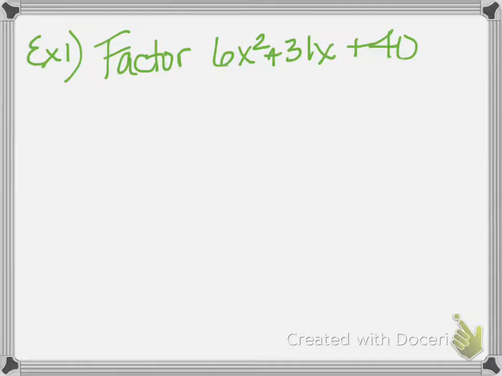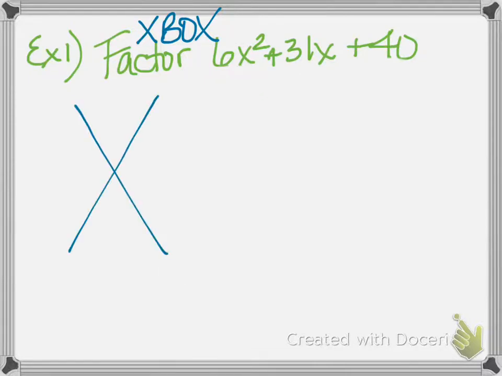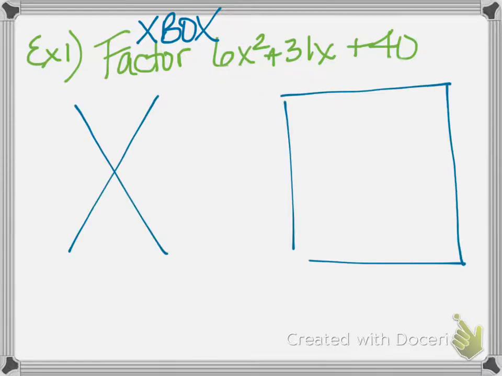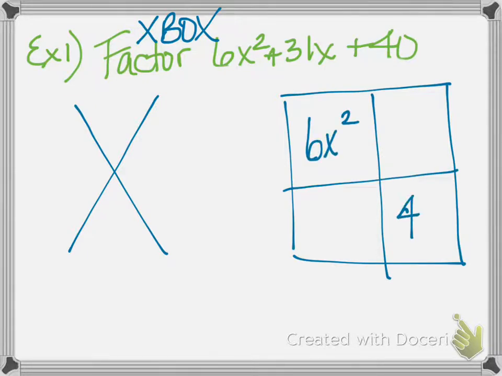So this is Xbox. It's called Xbox because it uses an X and it still uses the area model. But the X throws a little bit of something different into it. So we start with an X and we draw the area model. I'm still going to fill in the area model, 6x squared and 40.